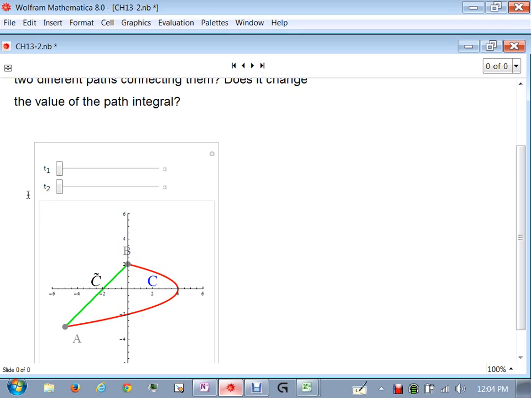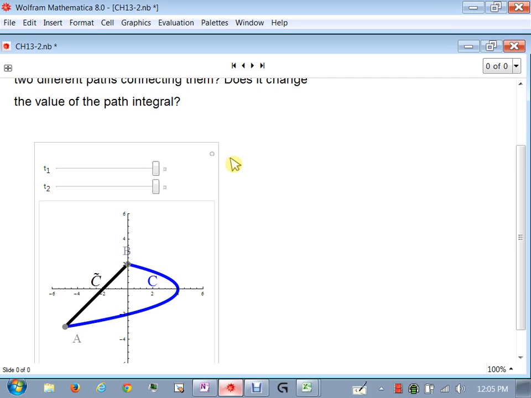Do you think if I go along C and do a line integral along C with respect to arc length or with respect to x or with respect to y, one of those three, do you think that's going to give me a different value than if I go along C with the little squiggly, C tilde? So do you think that the line integrals along C and C tilde are the same? What's your gut tell you?